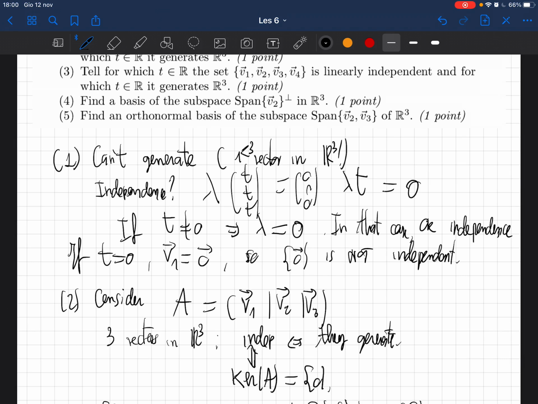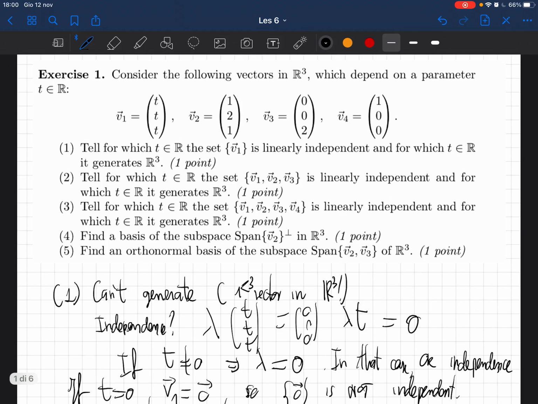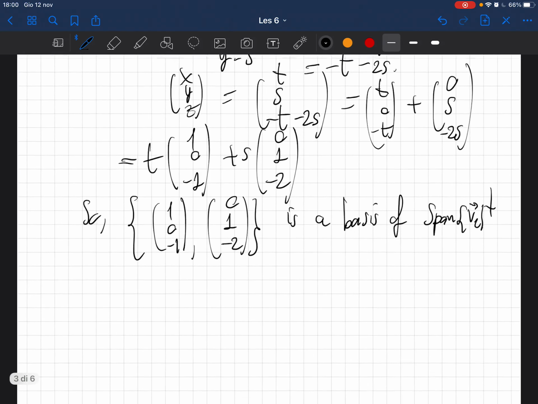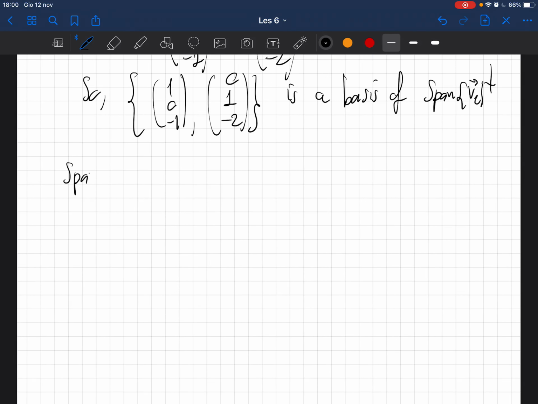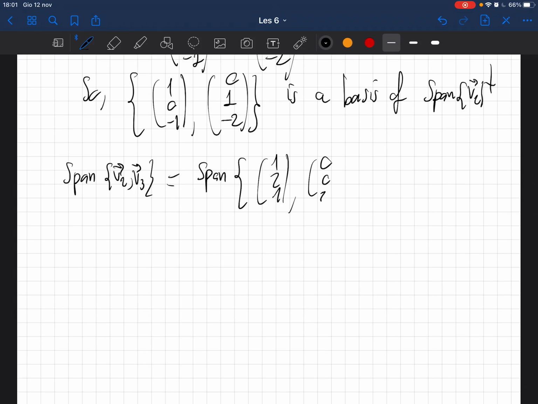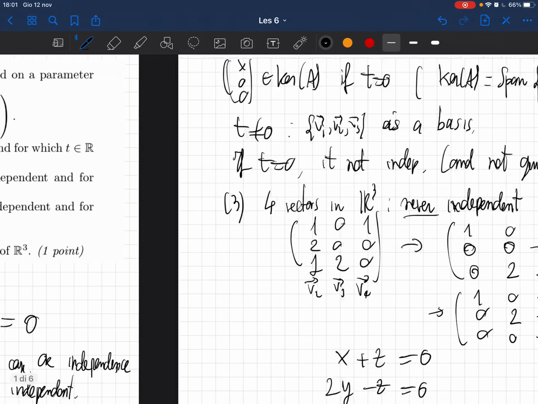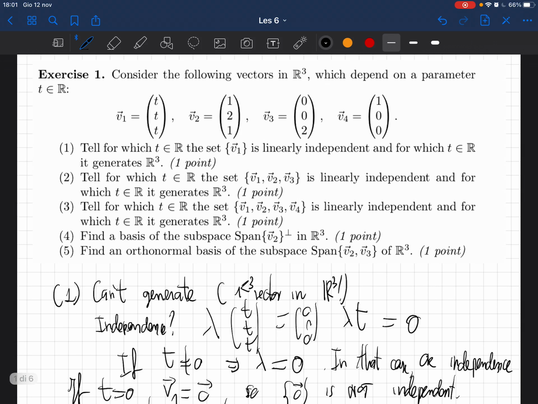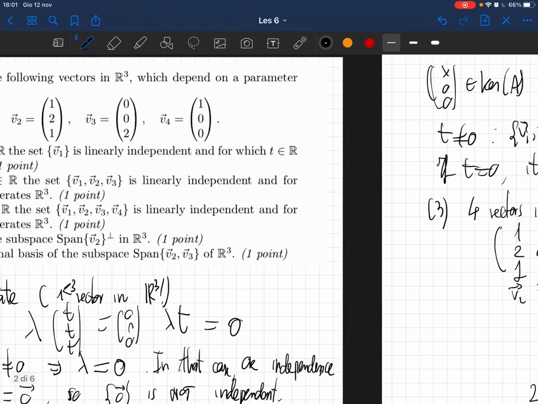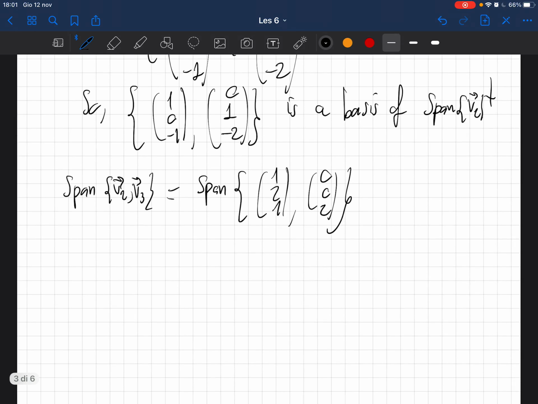Now the last one. We want an orthonormal basis of this other subspace, the span of v2 and v3, which is span of (1, 2, 1) and (0, 0, 2). Let's double check, of course. It's very important not to make stupid mistakes by copying things. So (1, 2, 1), (0, 0, 2), it's okay. Very good.